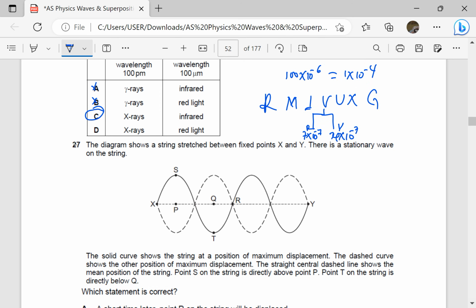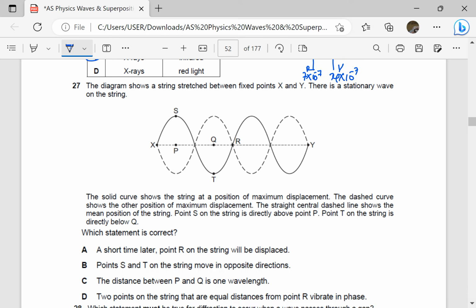The diagram shows a string stretched between fixed points X and Y. There is a stationary wave on the string. The solid curve shows the string at a position of maximum displacement. The dashed curve shows the other position of maximum displacement.